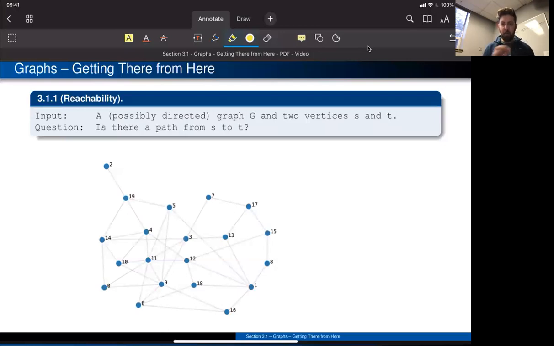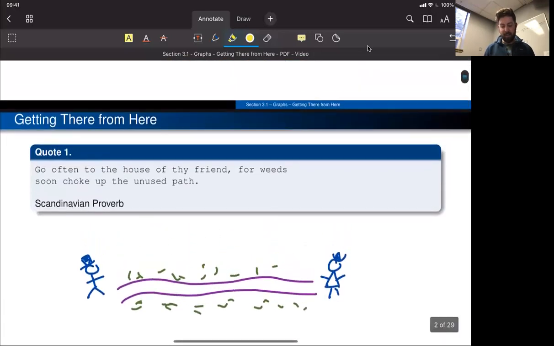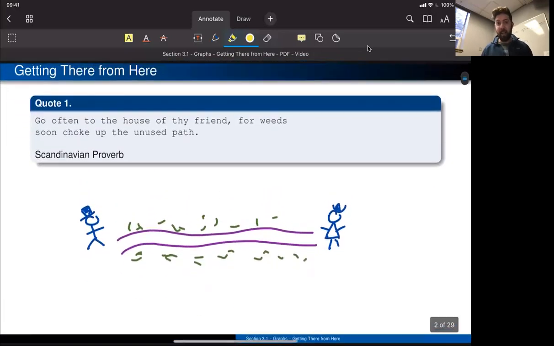Before we go too far into this world, I'm going to double back to a cute little Scandinavian proverb. Last time you got a nice little Dr. Seuss quote. Here you get a fancy Scandinavian proverb, which goes: go often to the house of thy friend, for weeds soon choke up the unused path. Down below, I got a nice little visual interpretation of that. I have Bob hanging out over here, and Alice hanging out over here.